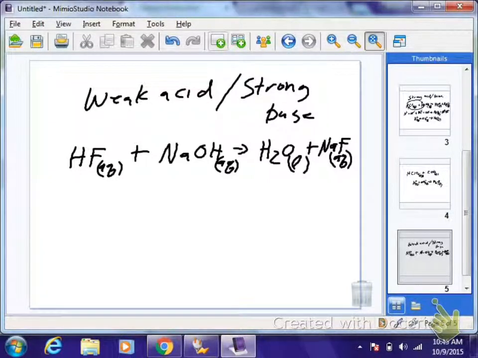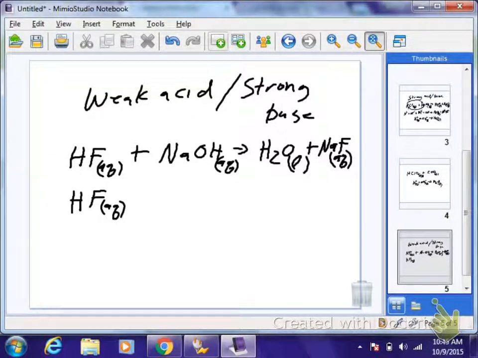Right? So when we write the complete ionic, we're going to keep the HF together, and this is the common mistake students will make. They'll want to break the H and F apart. Since they see it's aqueous, since everything is aqueous, they'll break everything apart.